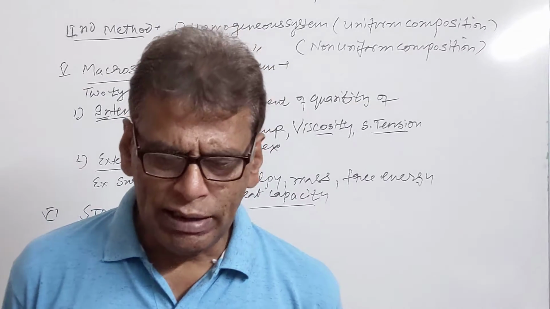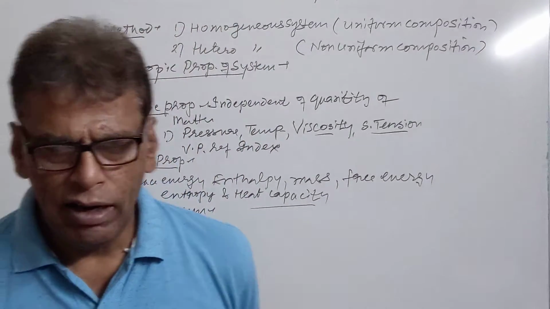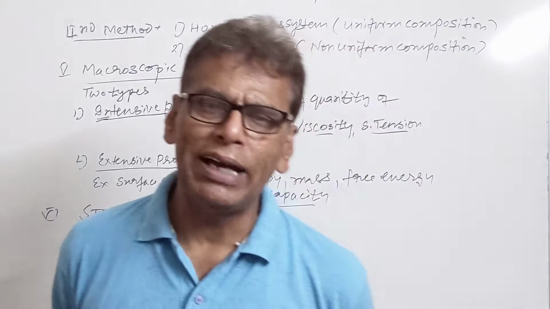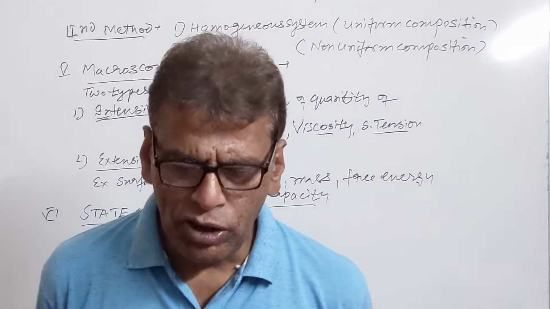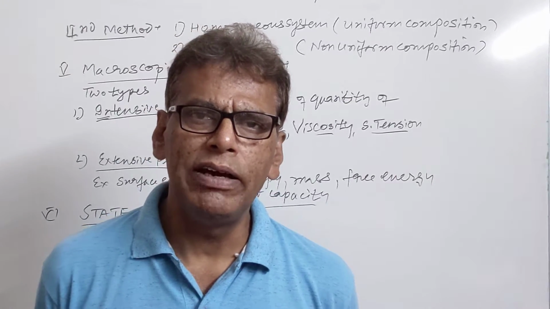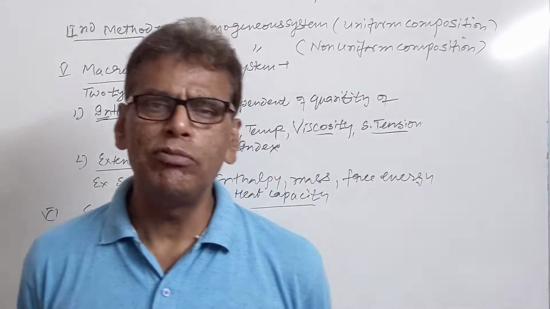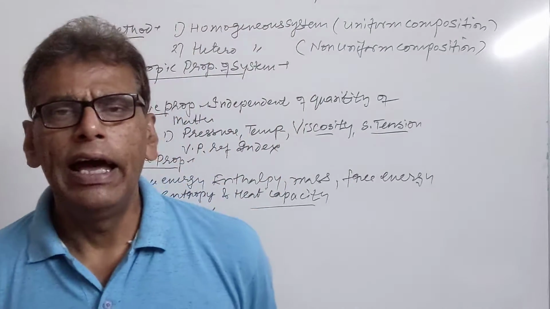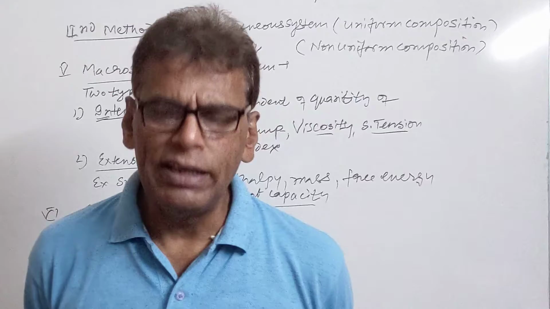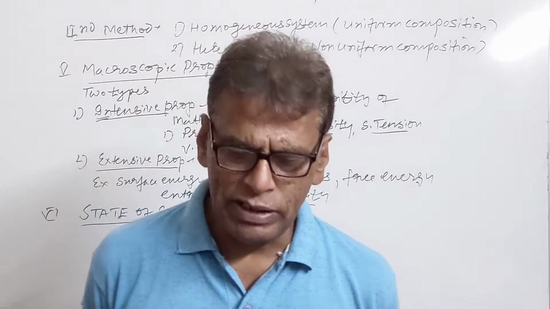For example, water has three states, and in all these three states, the macroscopic properties are different. In the solid state, the temperature of the water is 273 Kelvin. In the liquid state, it is more than 0 degree centigrade, or 273 Kelvin. And when it changes into steam, then its temperature is much higher.